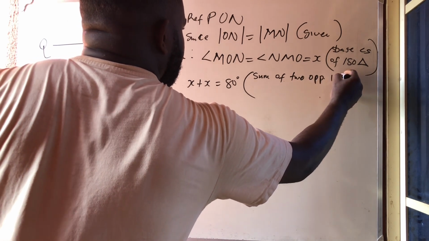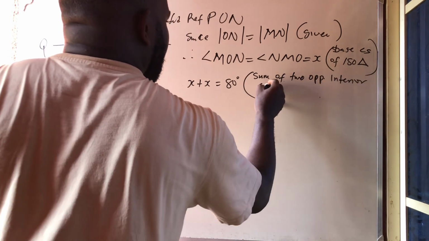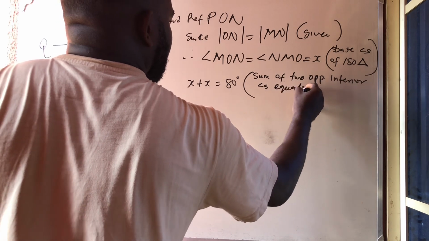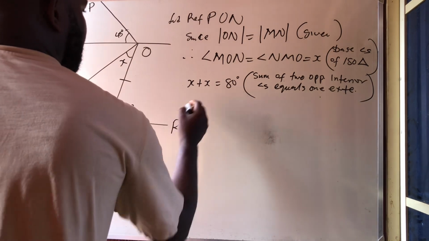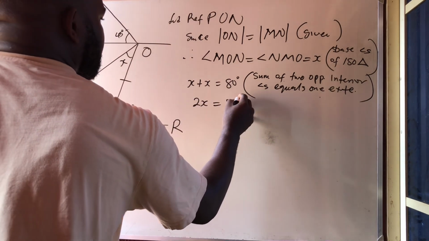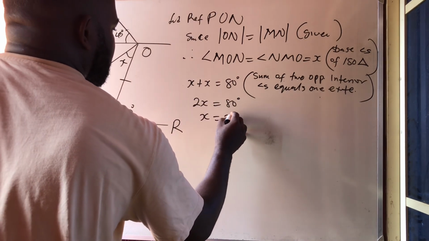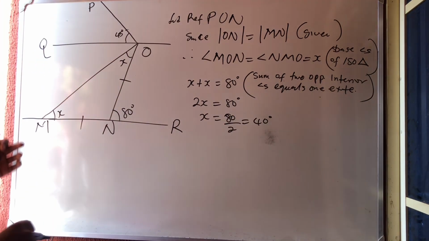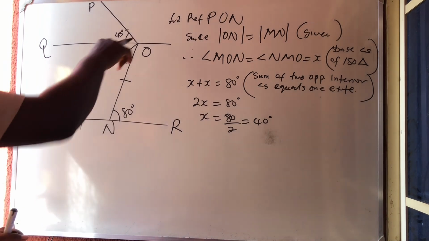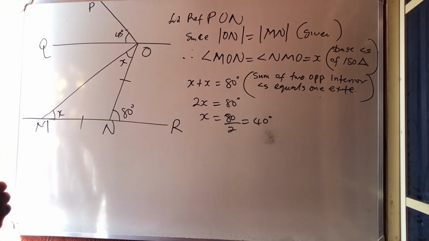Okay, so therefore 2x is equal to 80 degrees. So therefore x is equal to 80 divided by 2, which is 40 degrees. So I've gotten that place is 40 degrees. But look at where I'm looking for. Problem, how do I get that?